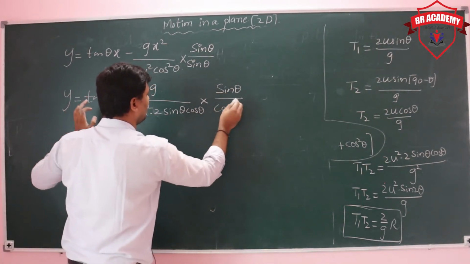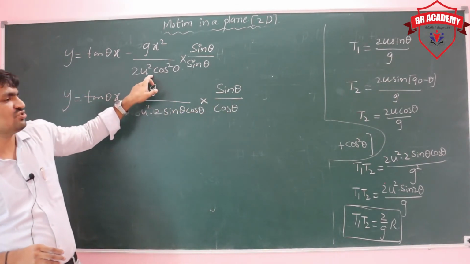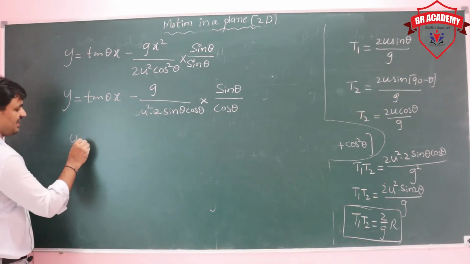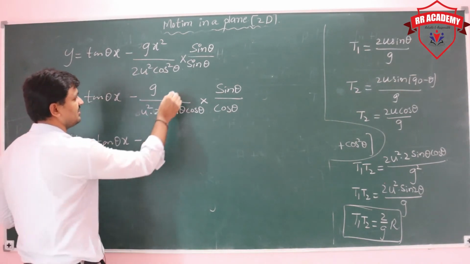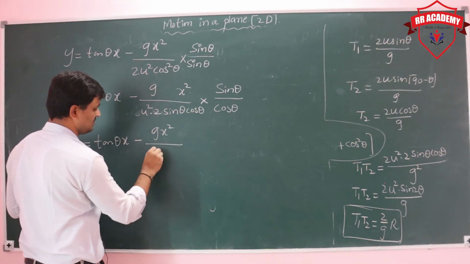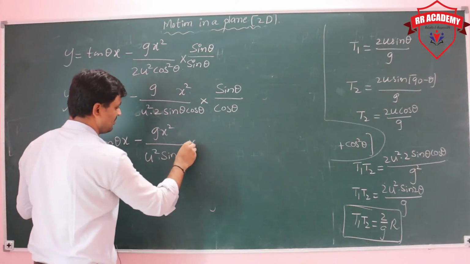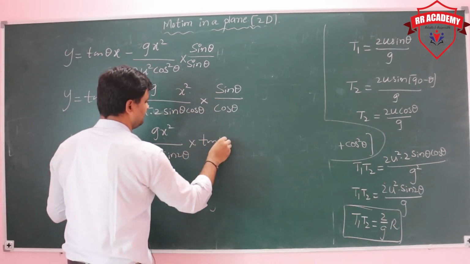What I did here is nothing special: I wrote cos square as cos theta into cos theta, and wrote this sine function here. Now see what happens. Then y is equal to tan theta x minus g x square upon u square into sin 2 theta, with 2 sin theta cos theta as sin 2 theta, into tan theta.